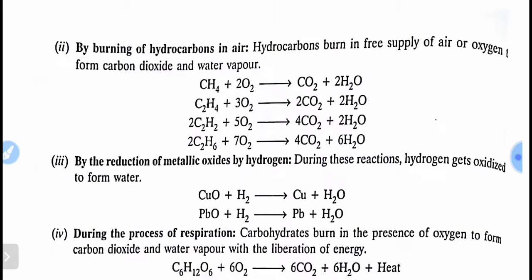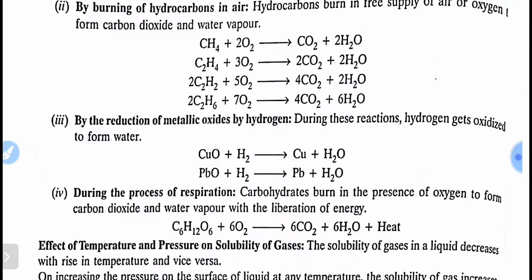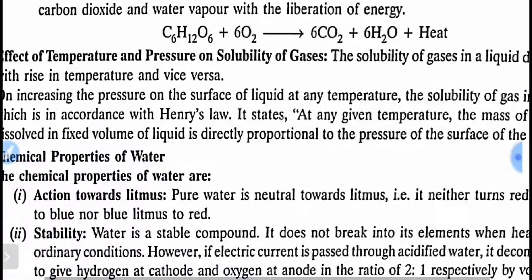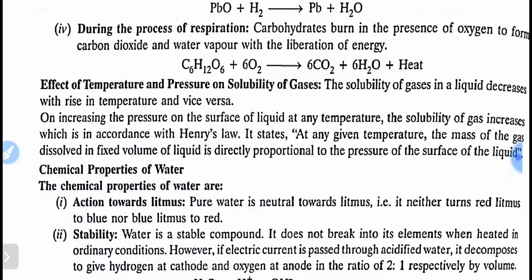In the second, we burn hydrocarbons in air. In the third reaction, reduction of metallic oxide by hydrogen. Then during the process of respiration also, water is formed. So these are the mainly four methods for formation of water.